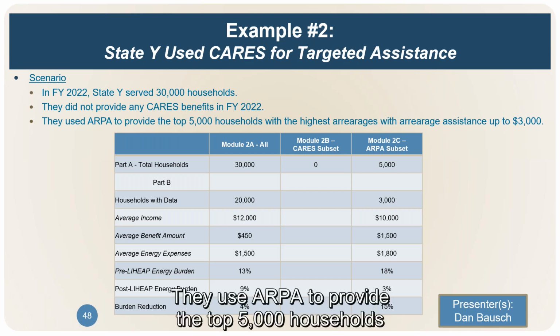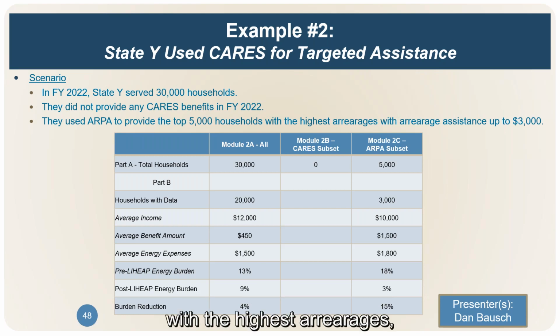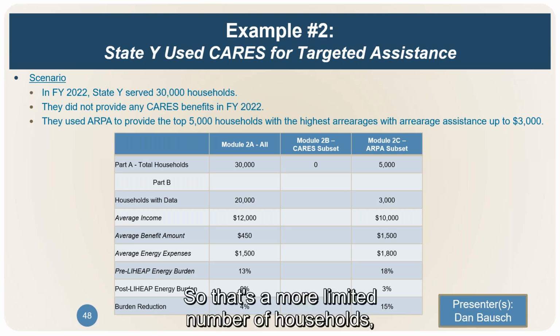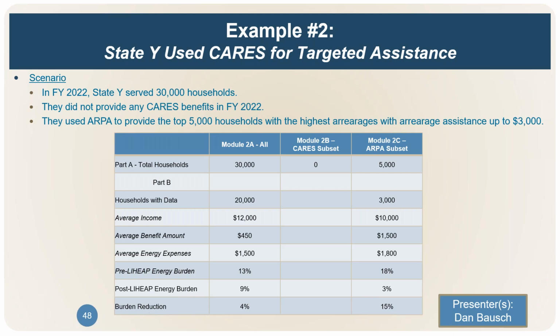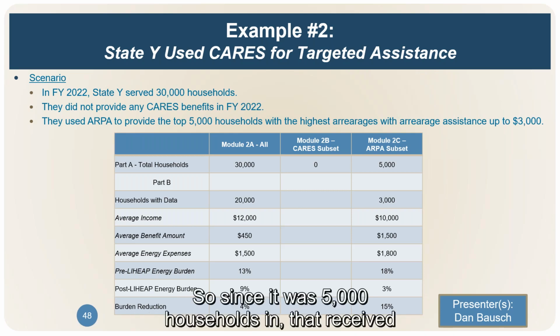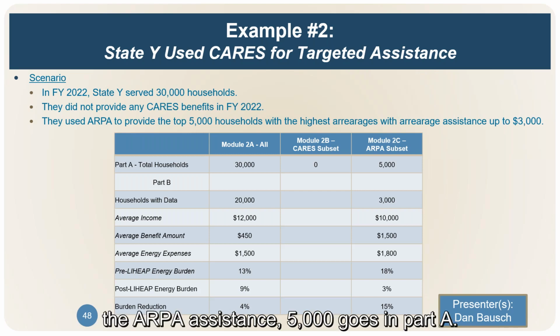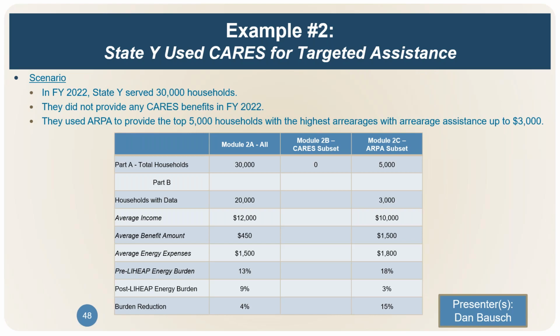They used ARPA to provide the top 5,000 households with the highest arrearages special assistance up to $3,000. So that's a more limited number of households, but could be a higher benefit amount. So since it was 5,000 households that received the ARPA assistance, 5,000 goes in Part A.